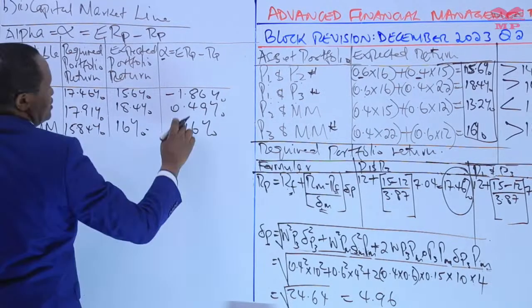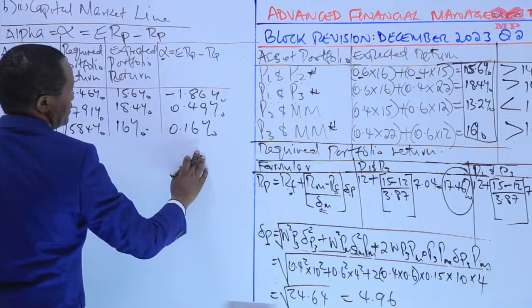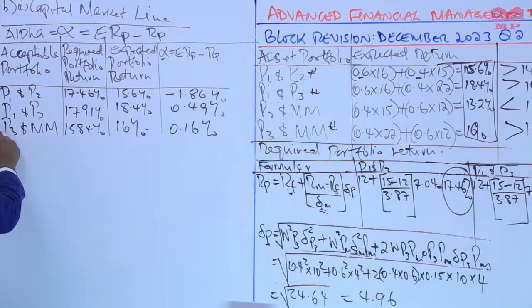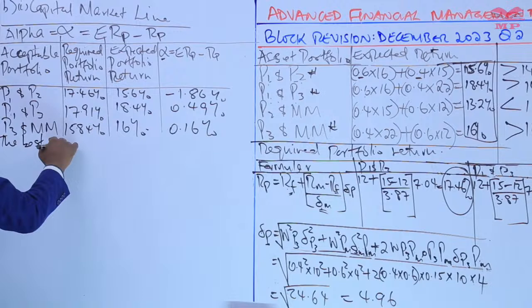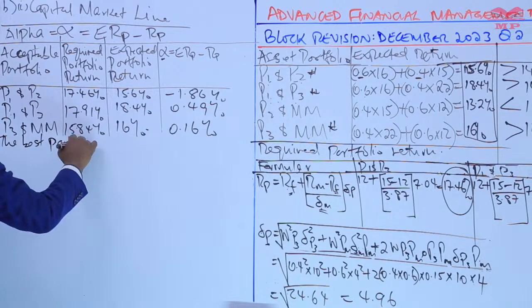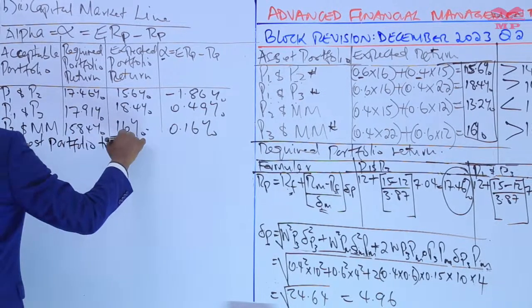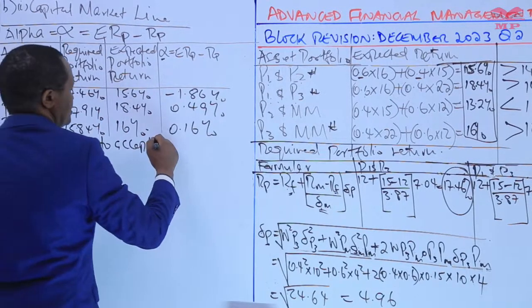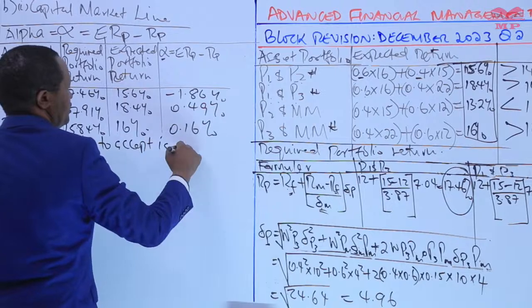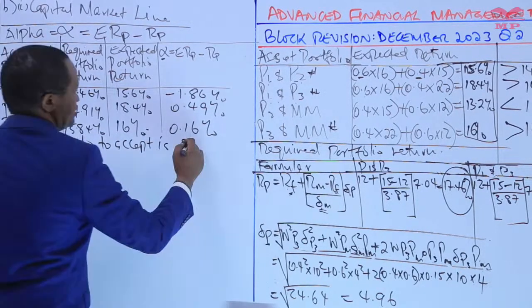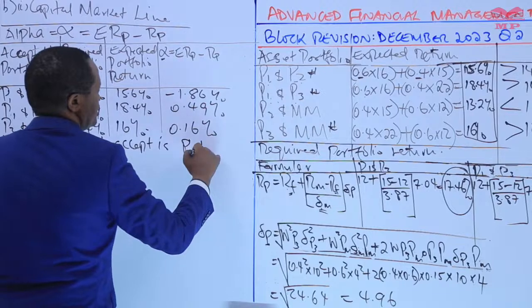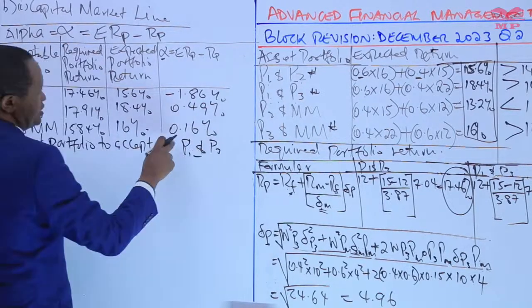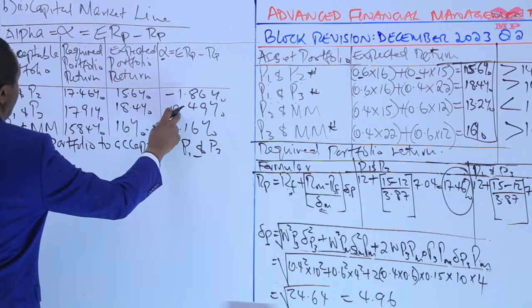The alpha that promises the highest return is the one to invest in, and therefore the best portfolio to accept using the capital market line is the one with the highest alpha.